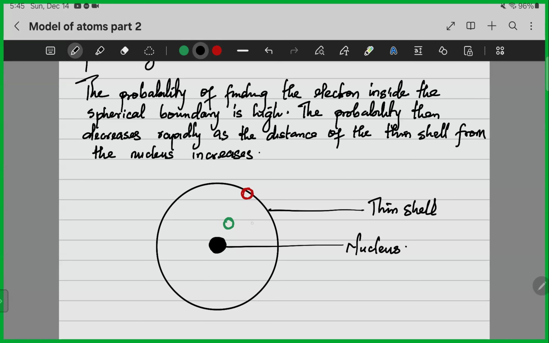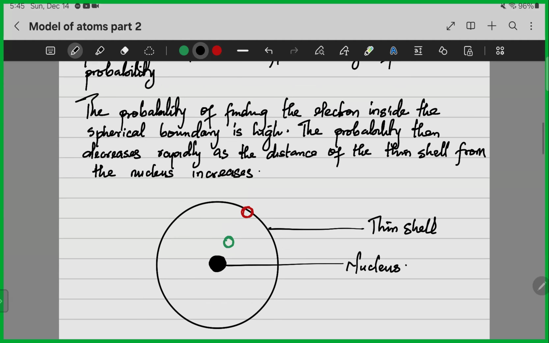It said the probability of finding an electron inside the spherical boundary is high.